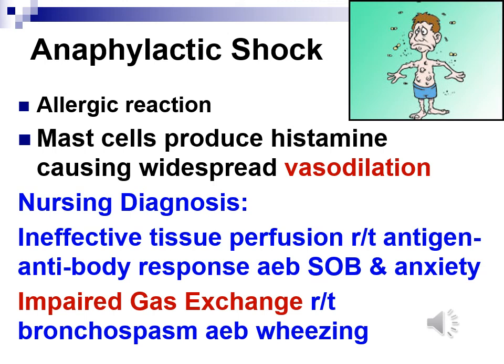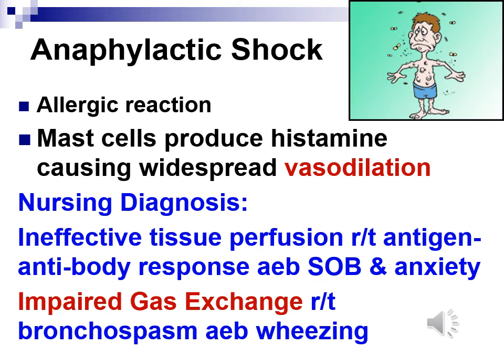So what happens is the antigen-antibody reaction provokes mast cells to release potent vasoactive substances like histamines. The histamines cause widespread vasodilation and capillary permeability.